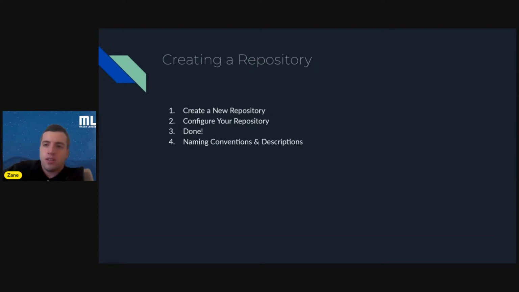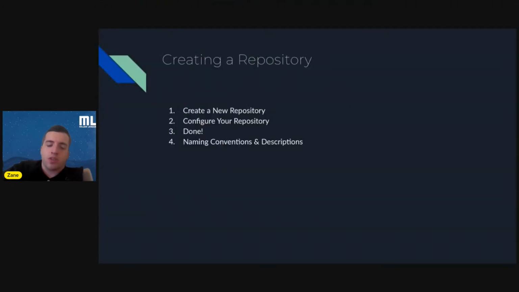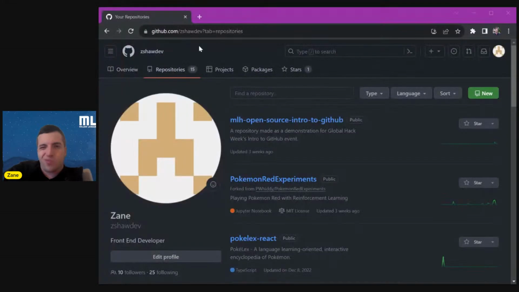So nothing too crazy. We'll look at how to create a new repository, configure it, and understand a little more about the anatomy of a repository and how that comes into play with putting your files together and the like.